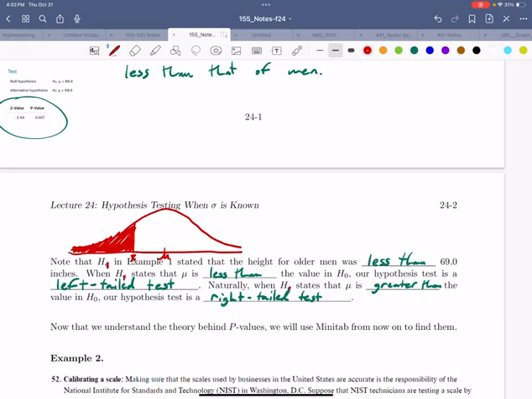What is that area? That area right there is our p-value. And the question is, is that area smaller or larger than alpha? Okay. Now, of course, the right-tailed test is exactly the same thing, just the other side.